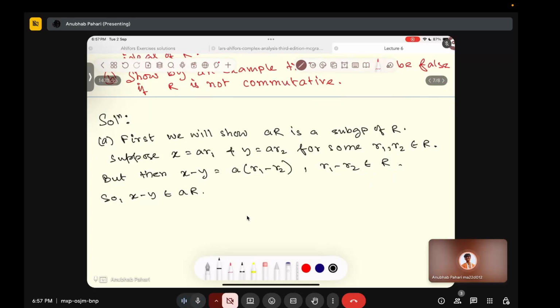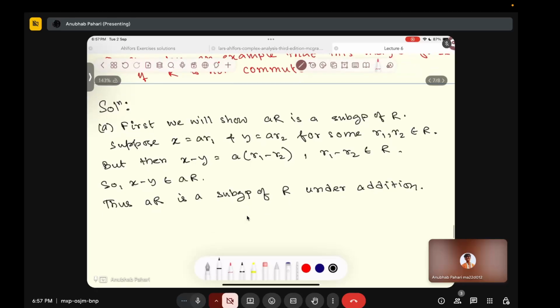So thus small a capital R is a subgroup of R under addition. Next we are going to show that it is closed under scalar multiplication.